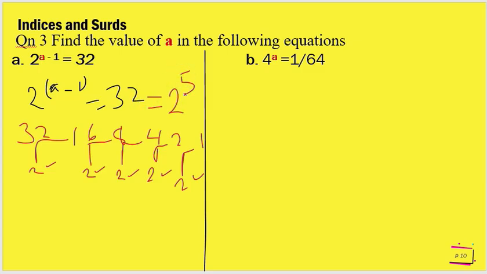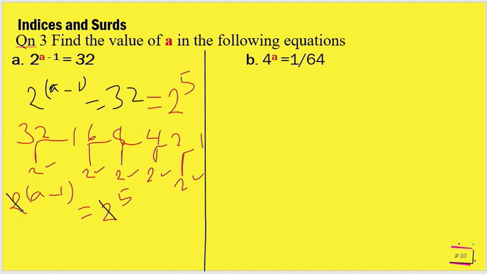And finally now we can say that 2 power A minus 1 is equal to 2 power 5. Now since the bases are the same, then the powers are the same, so we can cancel the bases and now work with the powers.